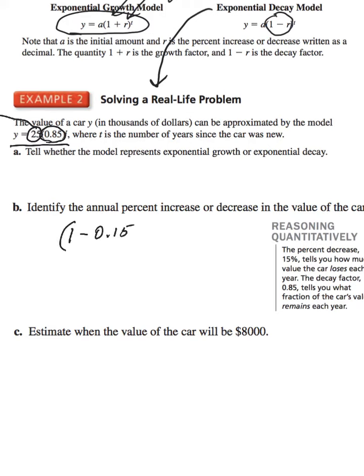Think about it. Is that correct? Just trying to make it match. Instead of putting an 0.85 in there, I wanted to write it as a 1 minus. When I write it in this way, the 0.15 represents the 15% loss in value.